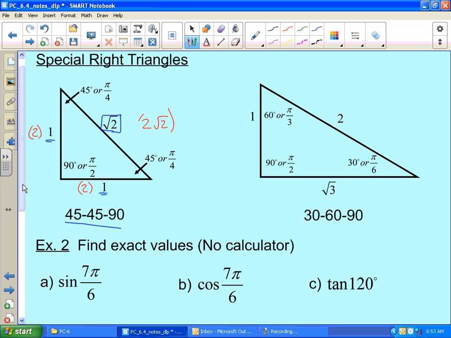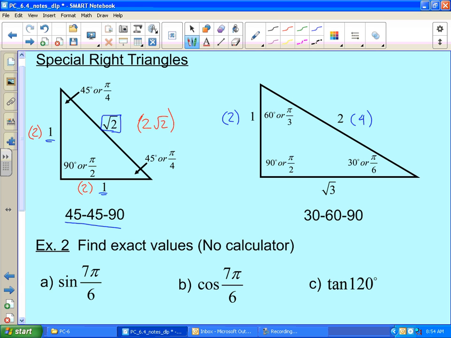And the same thing holds true for the 30, 60, 90. If I were to change that 1, for example, on the 30, 60, 90, let's say we made this 1 a 2. Well, that would mean the hypotenuse is going to be double, which means it's a 4. And the other leg is always going to be root 3 times what the short leg is.